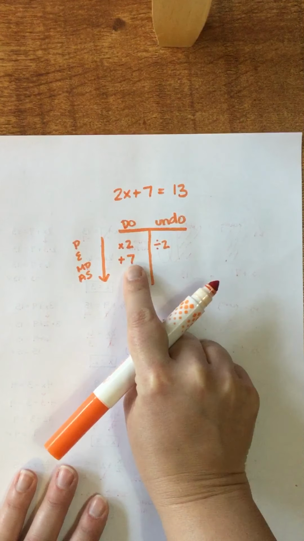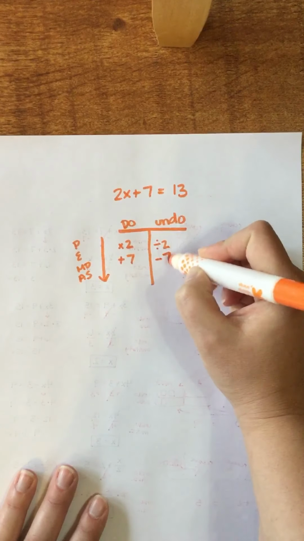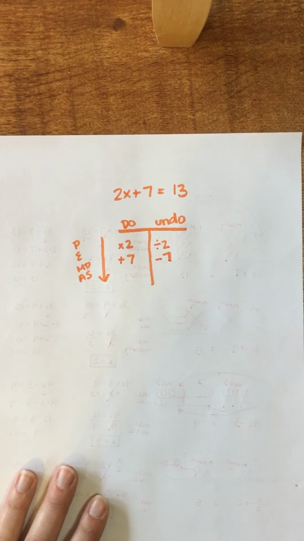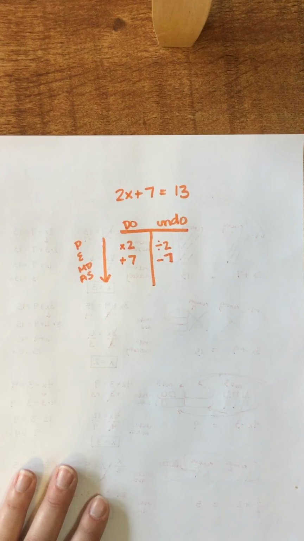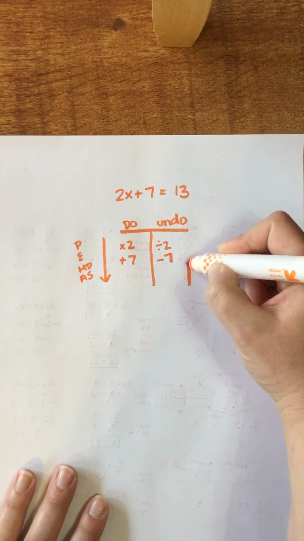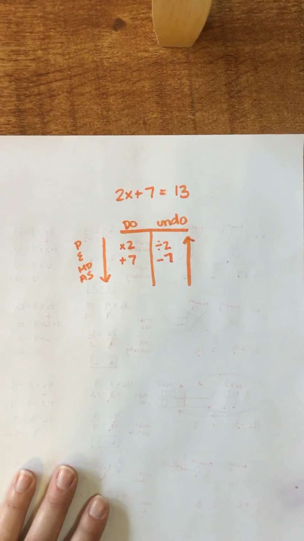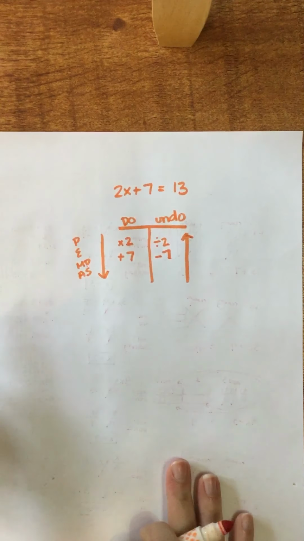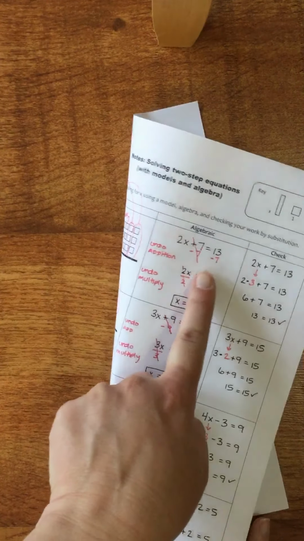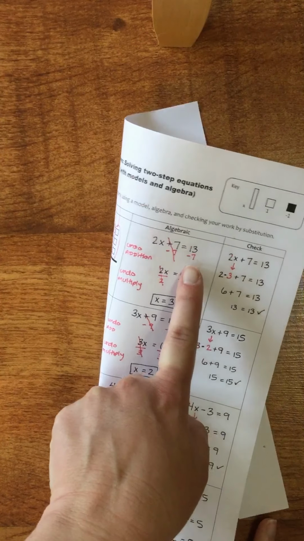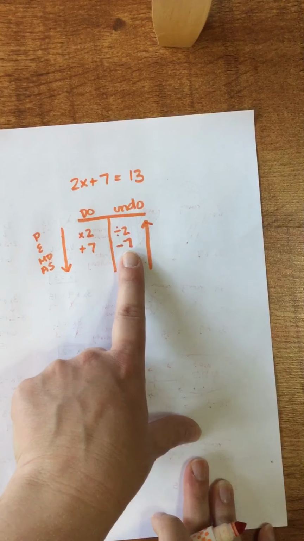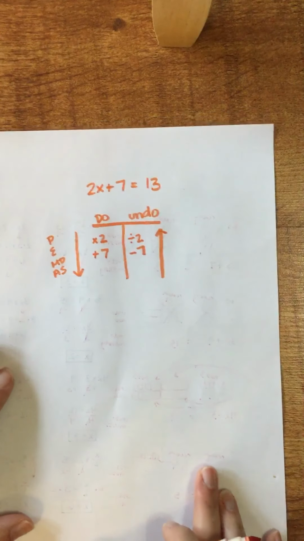The inverse of adding 7 is subtracting 7. But when you solve an equation, you are going to undo in reverse. First we subtracted 7, then we divided by 2. First subtract 7, then divide it by 2.